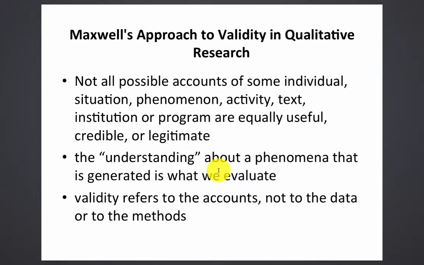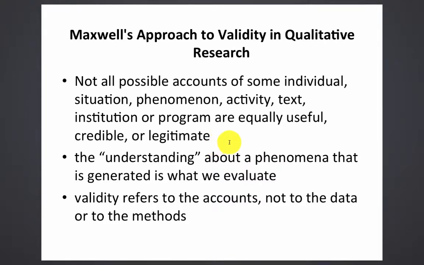We're evaluating the outcome of the research. We're looking at the account that's been generated, the understanding of the phenomena, and the account that results is our primary focus for evaluation. And why we do that is because we acknowledge that not all possible accounts of some individual situation, phenomena, activity, text, institution, or program are equally useful, credible, or legitimate.